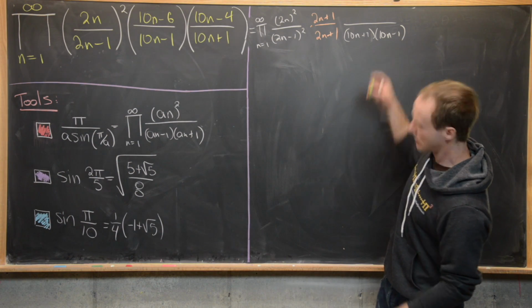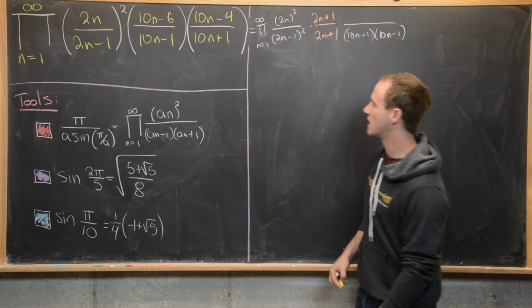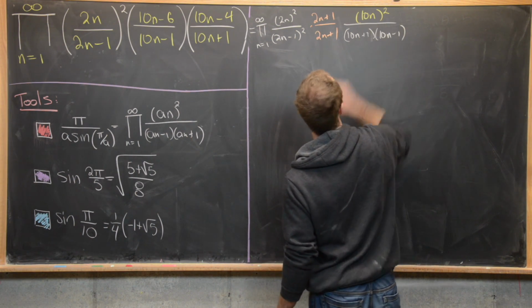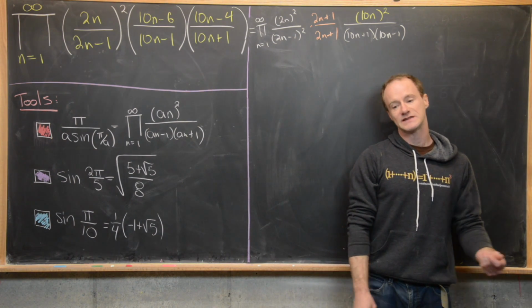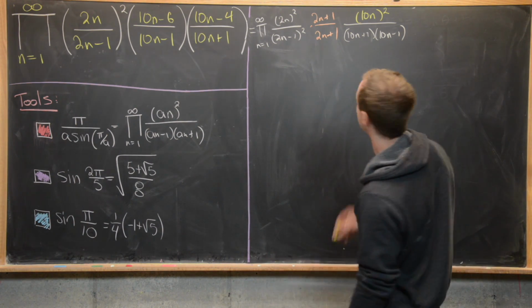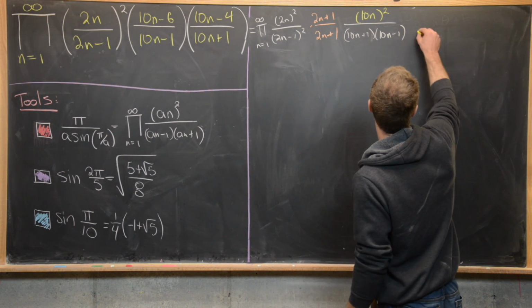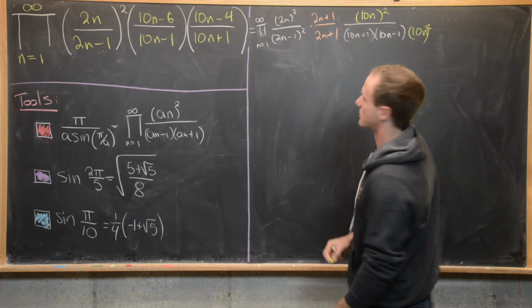But in order to make use of this, I need something in the numerator that looks like that. So I'll need a 10n quantity squared in the numerator. Okay, good. But that means that I'm going to need to add a 10n squared in the denominator as well. So let's go ahead and do that. We've got a 10n squared in the denominator as well.